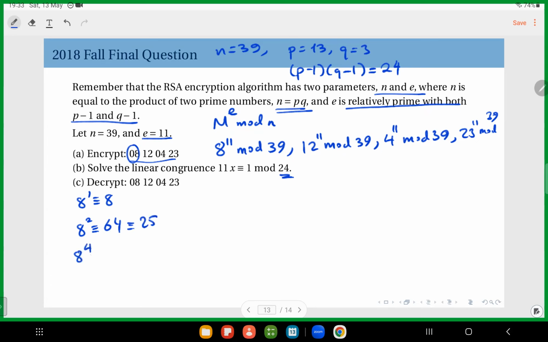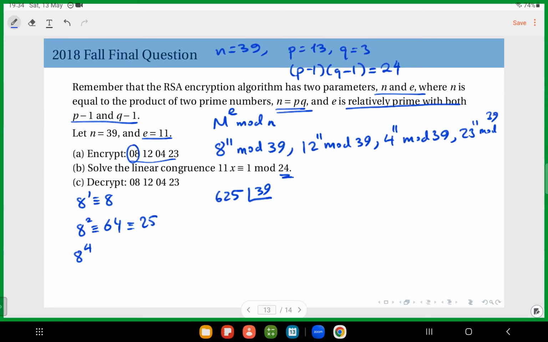8 to the power 4 would be the square of 25 under modulo 39. So that's 625, and I need to find 625 modulo 39. Let me just put that to a computer, which would be much easier.